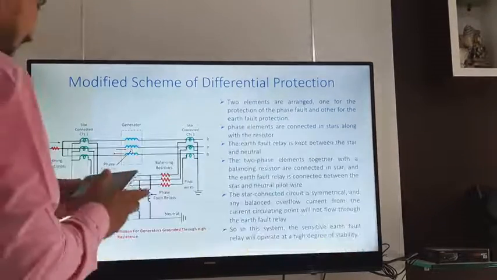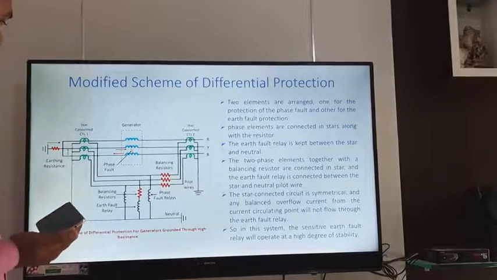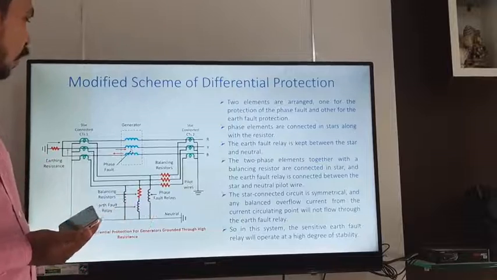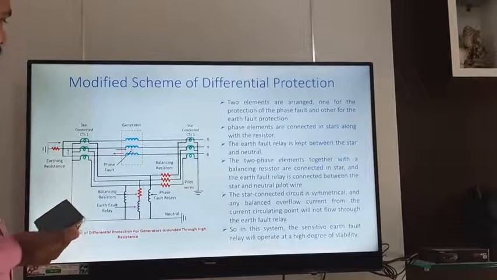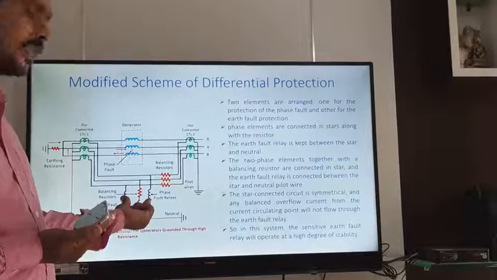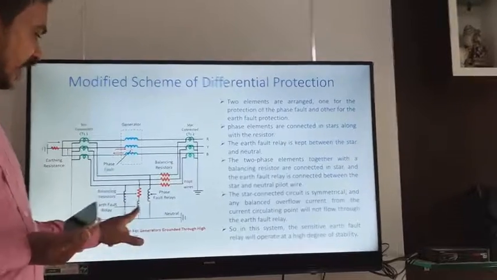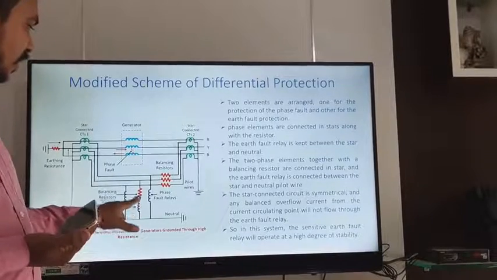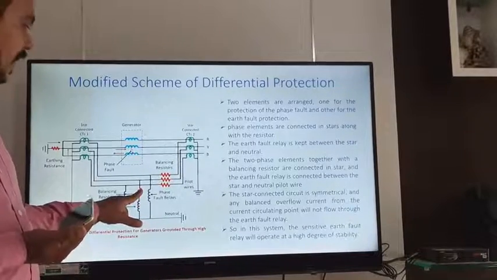In this modified differential protection, two coils are used for phase fault and one coil is used as an earth fault relay coil. These two coils are the phase fault relay coils and this coil is the earth fault relay coil, and this earth fault relay coil is connected with the balancing resistor.